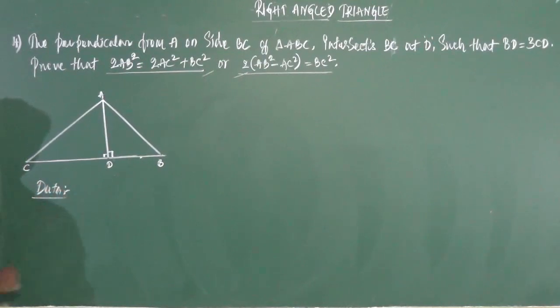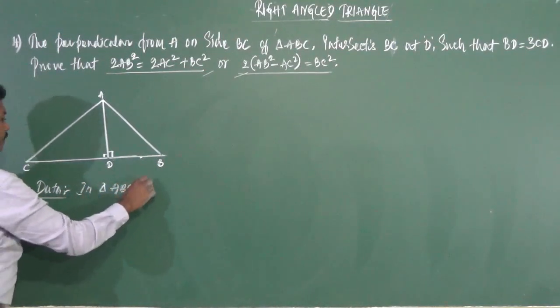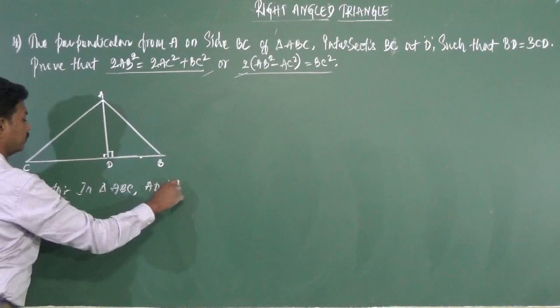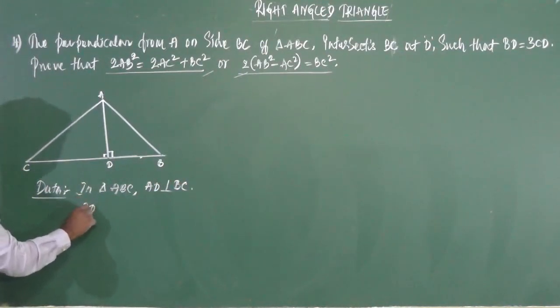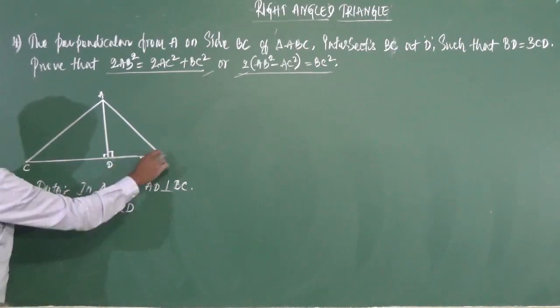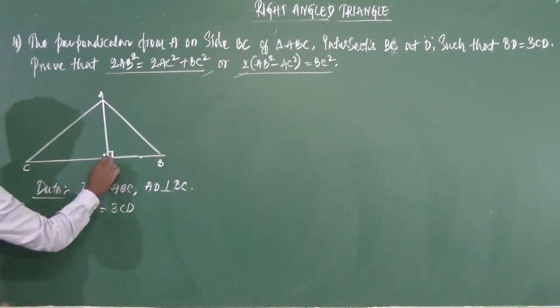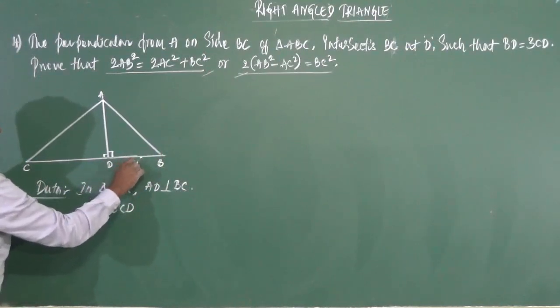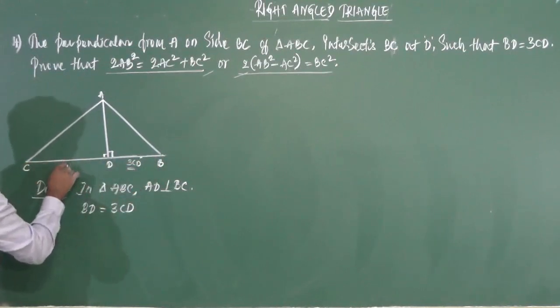A little bit of work has to be done in the data itself. So in triangle ABC, AD is perpendicular to BC, and according to the data BD is equal to 3CD. The length of BD is 3CD, and this CD is 1 time CD.